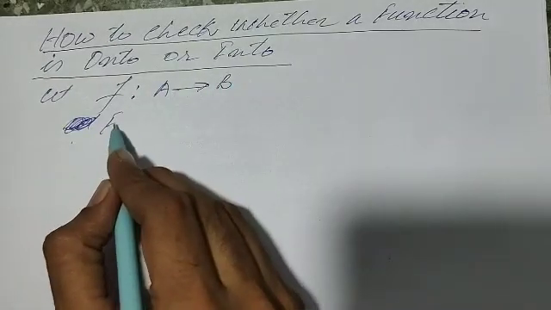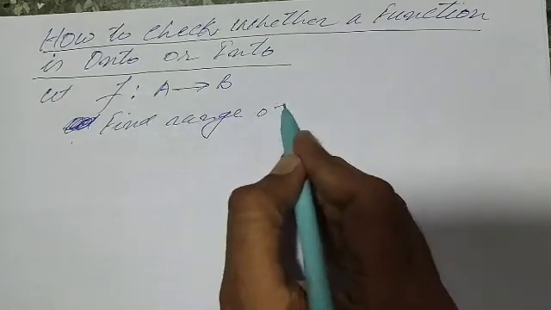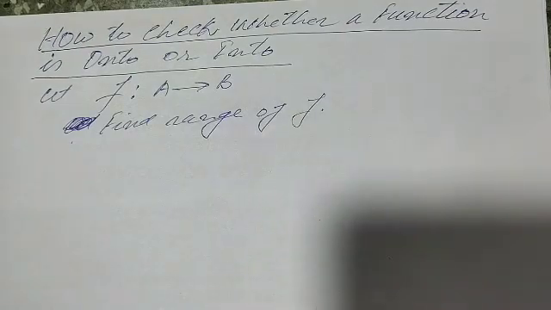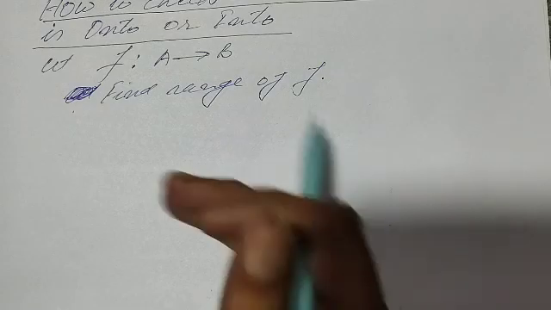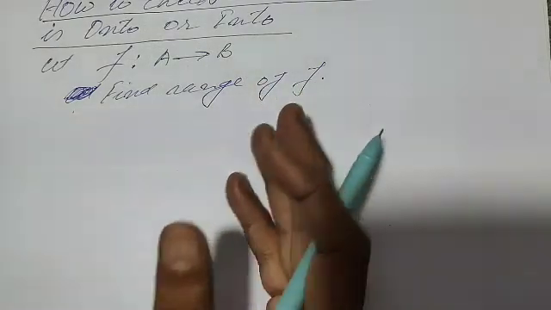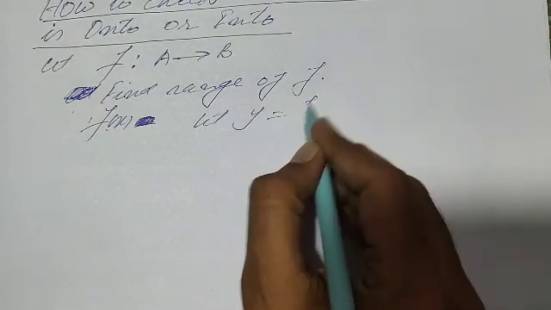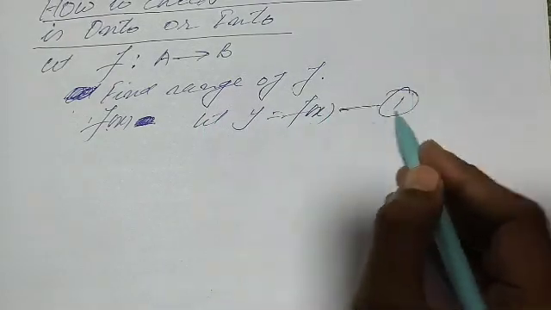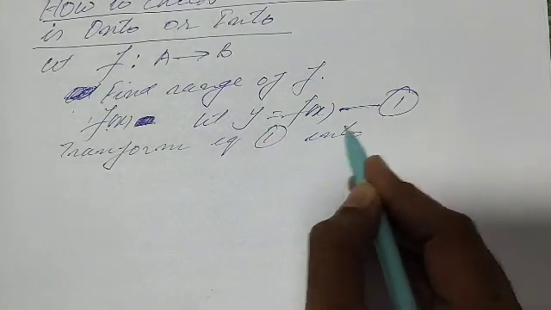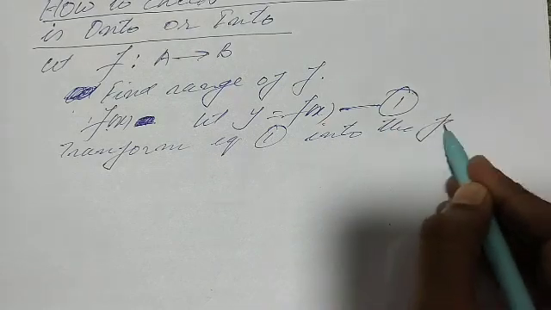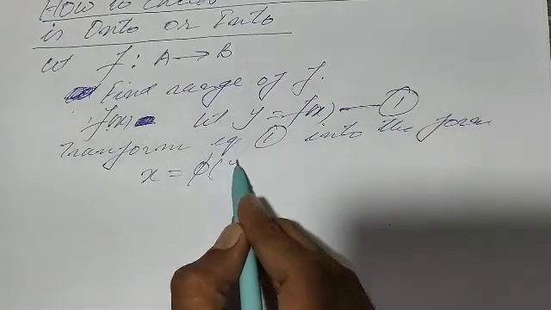First step, we find the range of f. Now the question is how to find the range of f. So in this context, we will discuss how to find the range of f. First step is we write y is equal to f(x). We name it as equation 1. We transform equation 1 into the form x is some function of y.